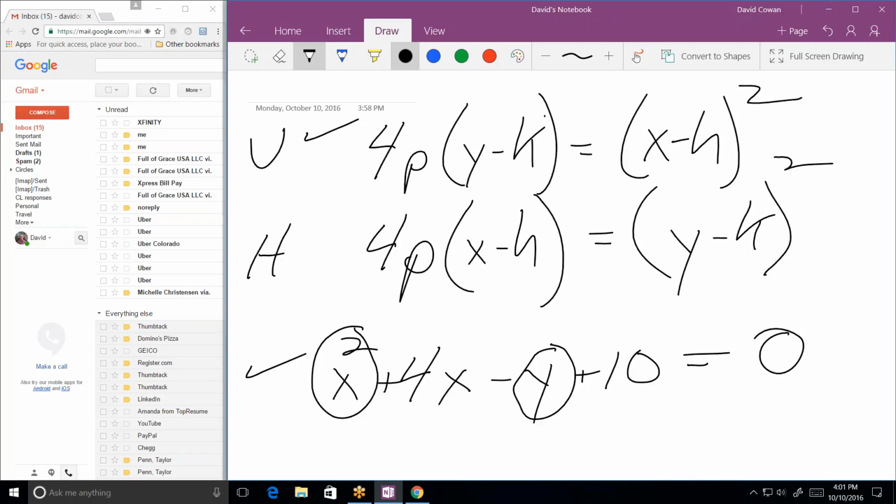And once you know where P is, you can figure out where the directrix is. That's the only thing you really have to know: where the vertex is, where P is, where the directrix is, and whether you're dealing with a horizontal or a vertical parabola.